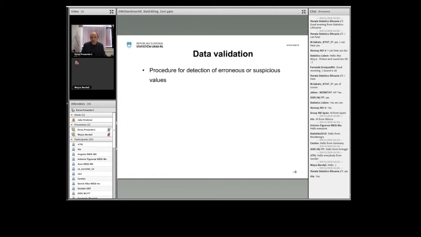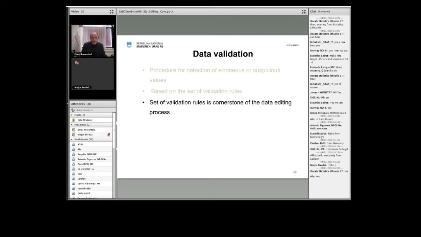I will tell you the distinction between these terms later. Data validation is usually based on a set of validation rules. You have a lot of these rules that help to find errors in your data. Just one small remark: validation rules is just one term that is used here. Sometimes you will hear edit rules or checks, but I will use validation rules throughout this presentation.